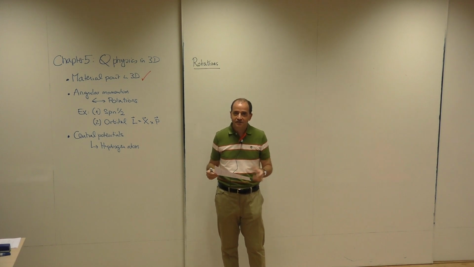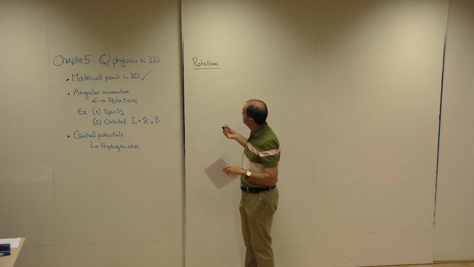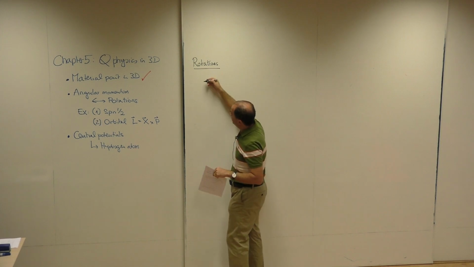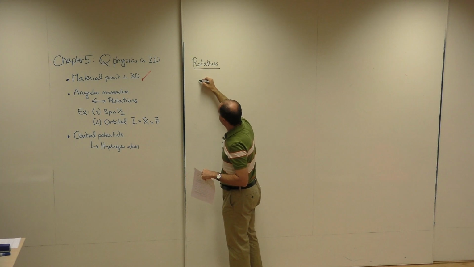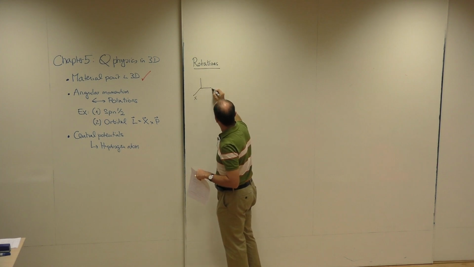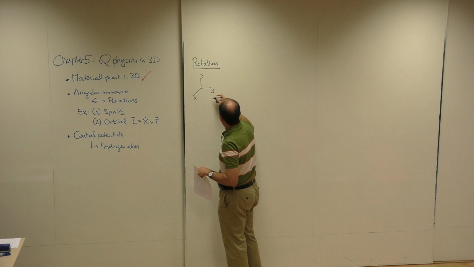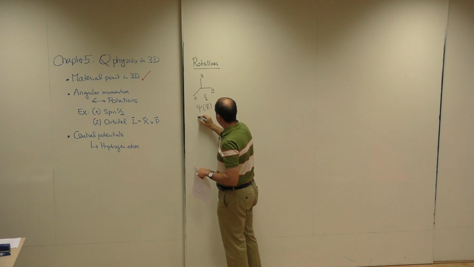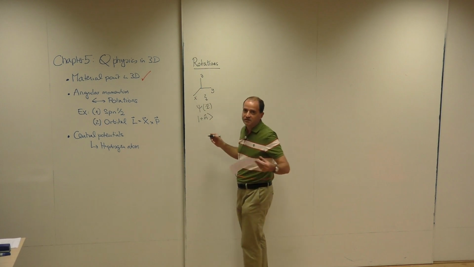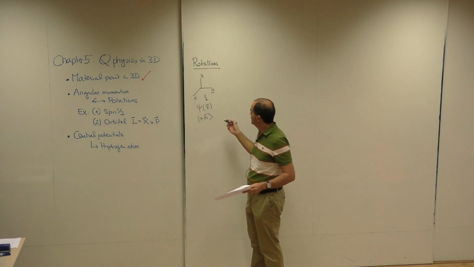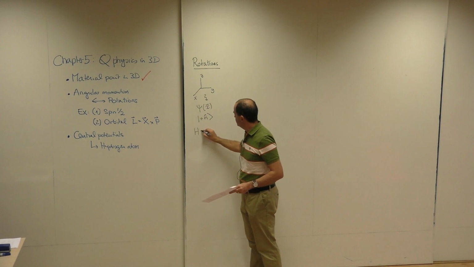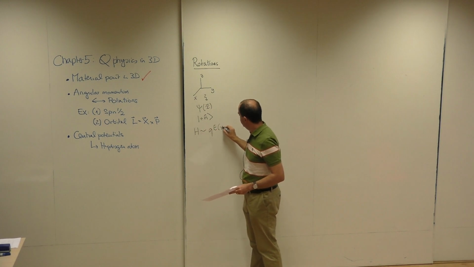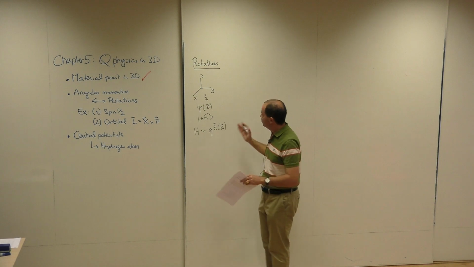So think of, for instance, a quantum state. I choose some coordinates x, y, z, and as a consequence my wave function is psi of x, my spin is plus n, my Hamiltonian has some other structure, it may depend on, let's say, the charge times the electric field in X, whatever.